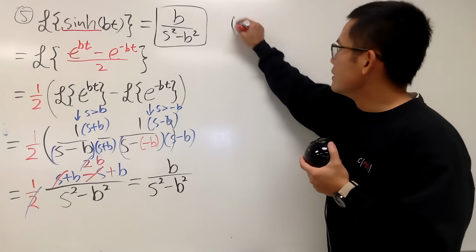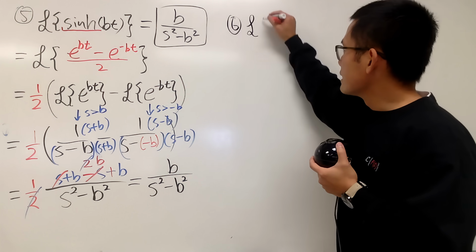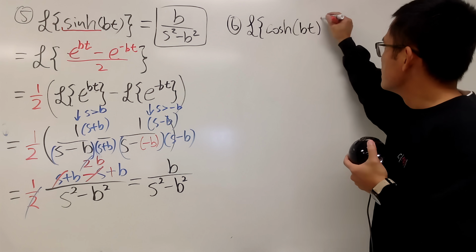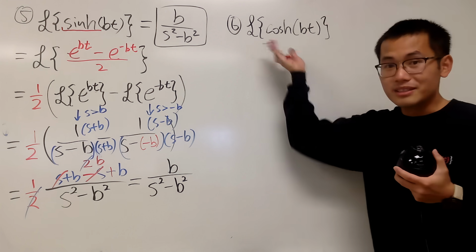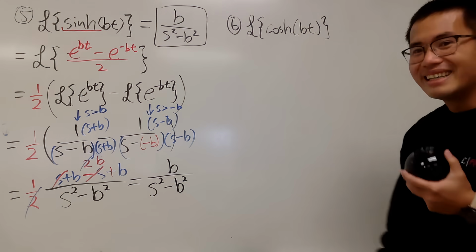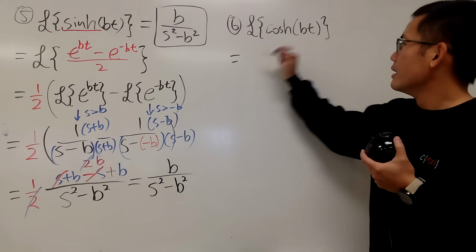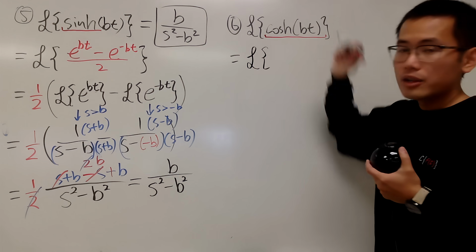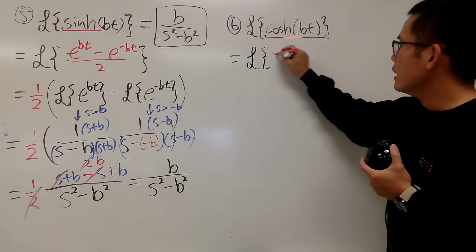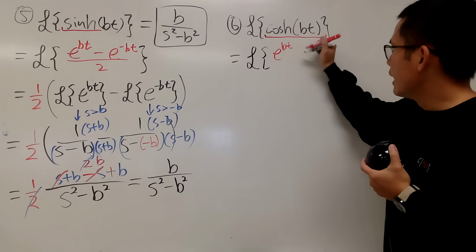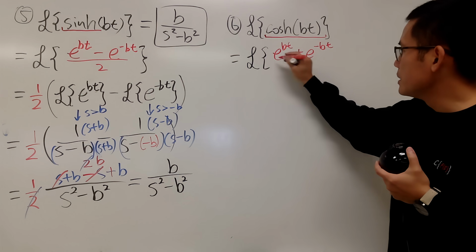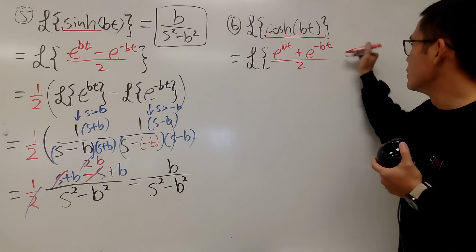And number 6, very similar, Laplace transform of cosh, same input. Now, remember, the definition of cosh is the following. Cosh is equal to e to the input, which is BT, plus e to the negative input, which is negative BT, all over 2.